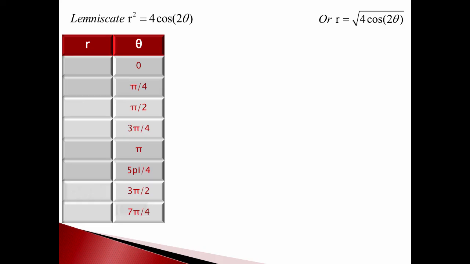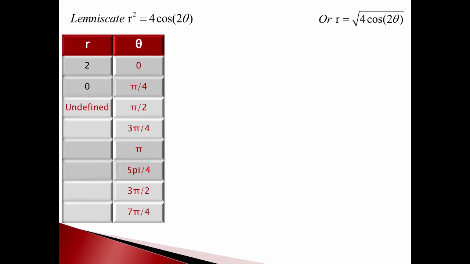So when theta is equal to 0, of course you get cosine of 0, which gives you 1, and you take the 1 multiplied by the 4, and then take the square root, you get 2. Okay. At pi over 4, plug that pi over 4 in again, so that I'm actually taking the cosine of pi over 2, which of course is 0, and square root of 0 is 0.